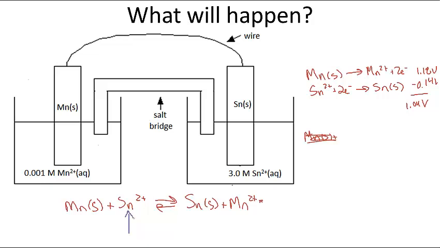So if my tin is at a higher concentration, which way will that push the reaction? So if I push my reaction to the products, what do you think that means about my voltage? My voltage increases. Yeah, Michael.